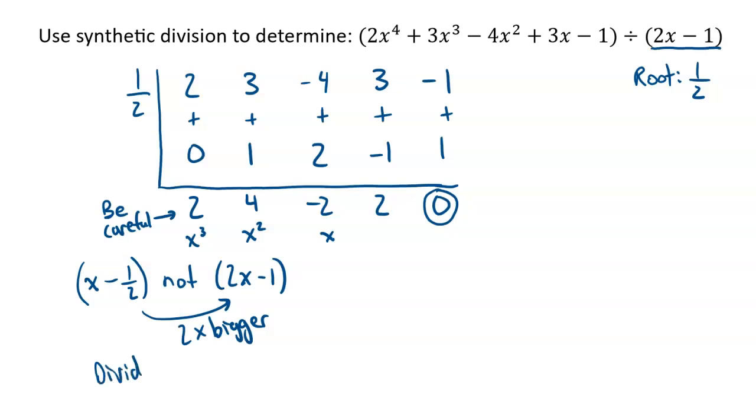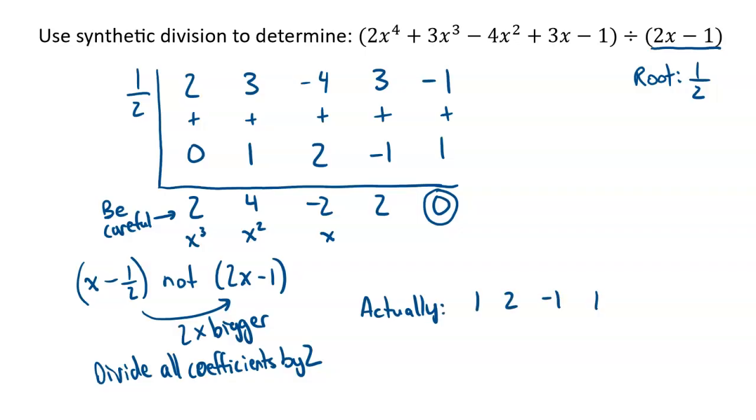If we're dividing by a number that's twice as big, that means that all those coefficients are twice as big as they should be. We need to divide those by 2. So we divide all the coefficients by 2, and what we get is coefficients of 1, 2, -1, and 1. And so now we can go ahead and write that out. And this becomes 1, 2, -1, 1, like I said.